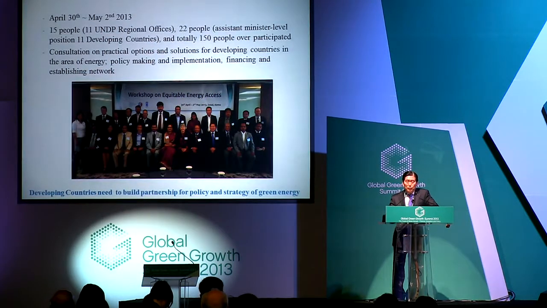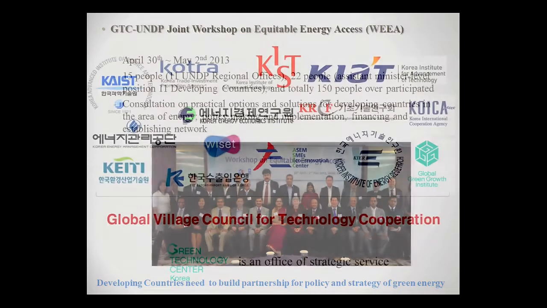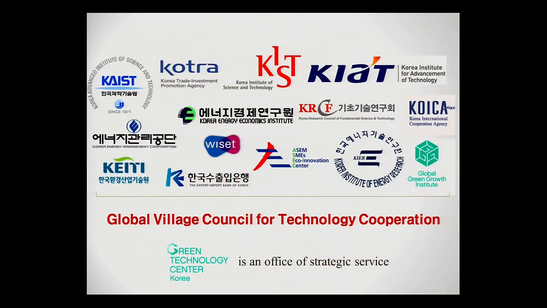This kind of work has been done. Also, just last month we worked with 11 UNDP regional officers. We invited 11 government officers from Asia Pacific countries. We tried to set up a knowledge sharing system. In Korea, we got together to work on this knowledge sharing system for transferring technologies and more.